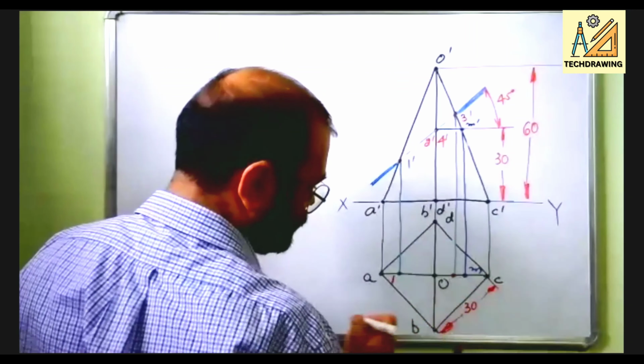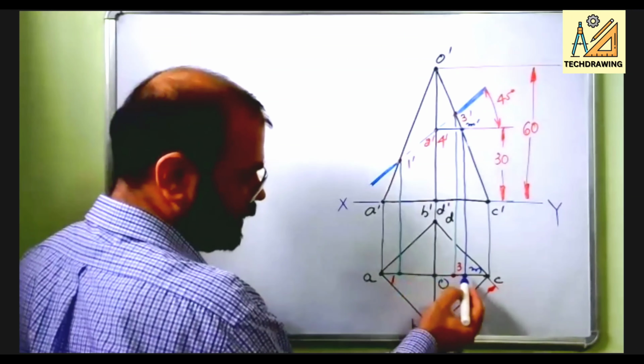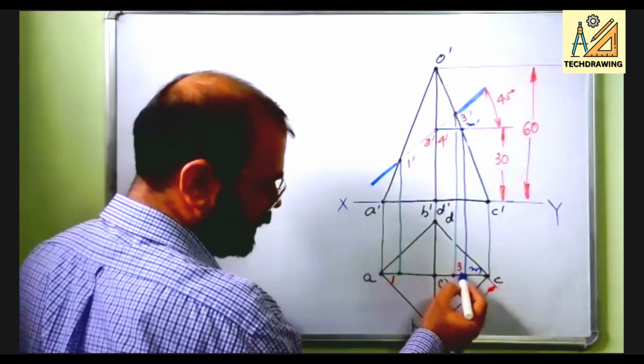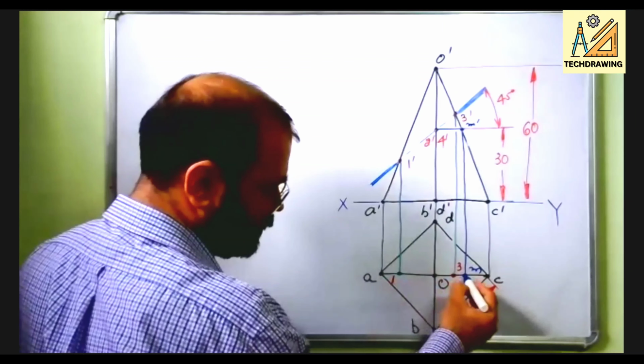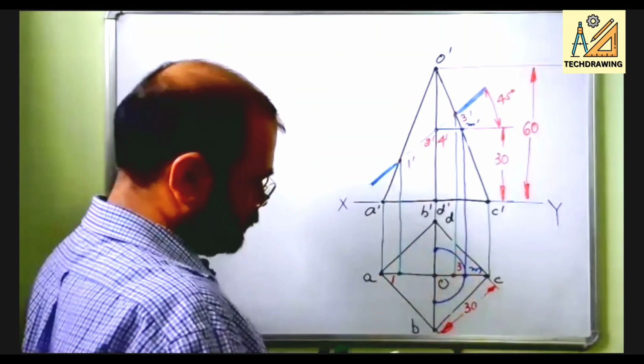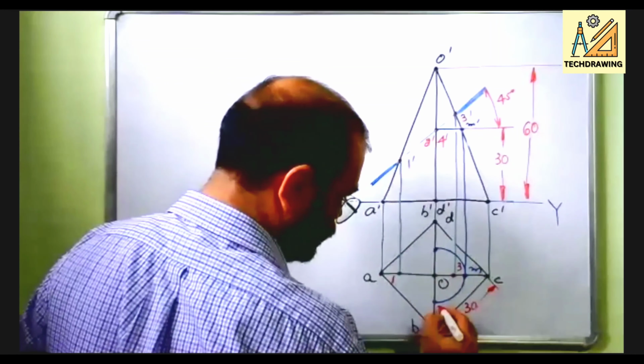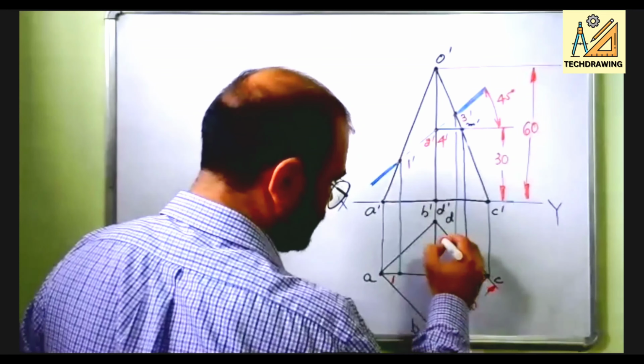This was 3. So now from here, you keep your compass open till this point and mark an arc over here and mark an arc over here like this. So from here, you will get 2 points. This will be on OB, it will be 2. Let it be 2 and let it be 4.